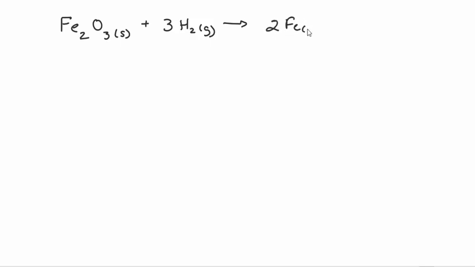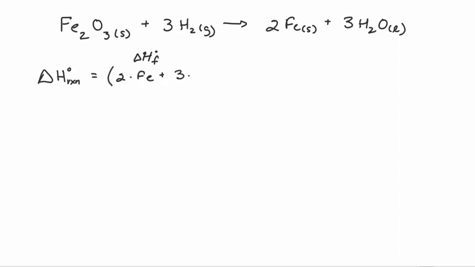In order to find the delta H, the standard enthalpy of the reaction, I need to find the H of formation of my products multiplied by the stoichiometric coefficients found in the balanced chemical equation, minus the sum of the reactants.